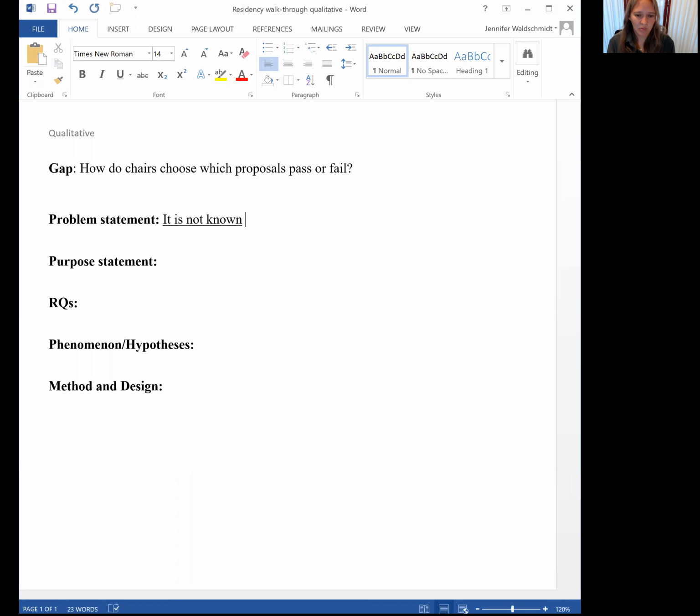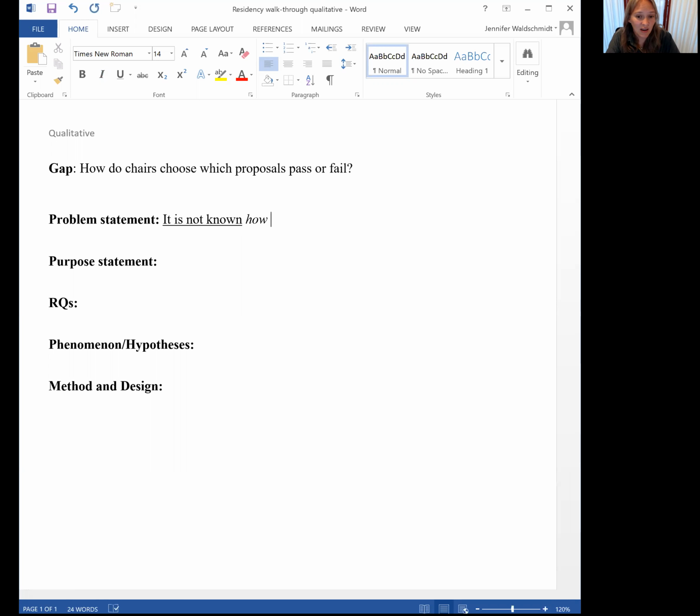So the way that problem statements will start qualitatively is it is not known how, it is not known why, it is not known how or why. Sometimes it is not known what if we're doing a grounded theory study, but those are pretty tough. And so most of the time they're going to start with it is not known how, it is not known why. In this instance, our gap is asking about how, so that's what we're going to put in here. It is not known how.